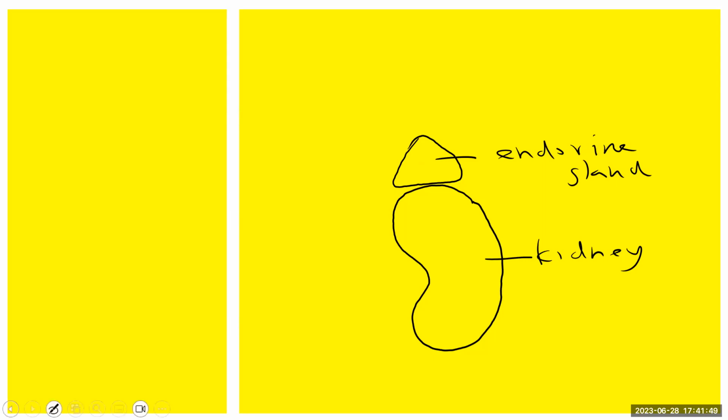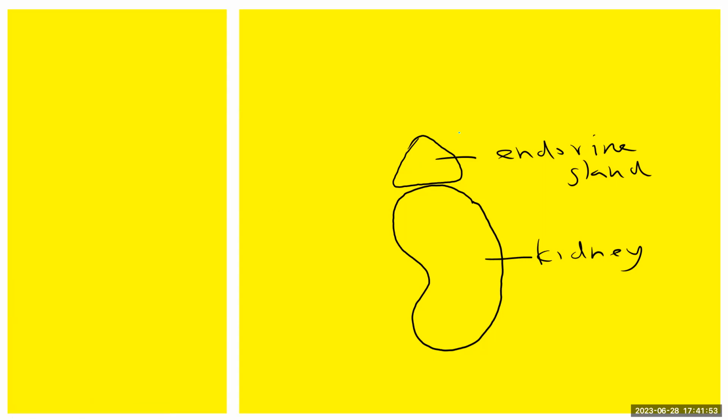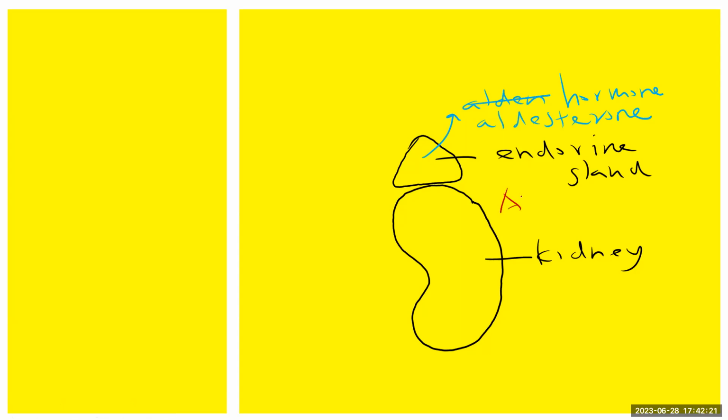Now this endocrine gland produces several hormones. The hormone of interest for us in this case is called aldosterone. The aldosterone hormone is produced by this gland, and this gland is called the adrenal gland.